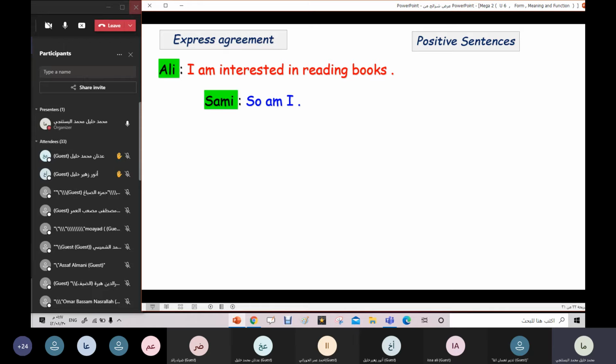Now here we have another way of showing agreement: I am too. Using the same auxiliary. So am I, or I am too. Now look here.